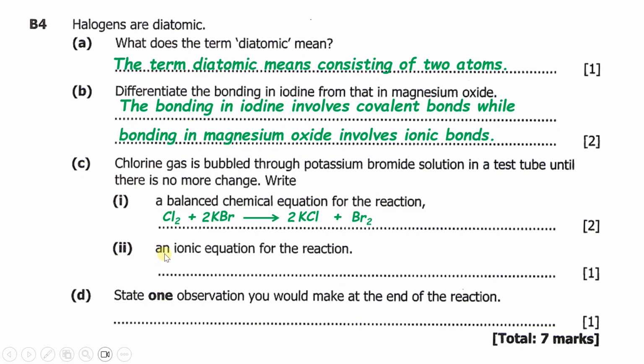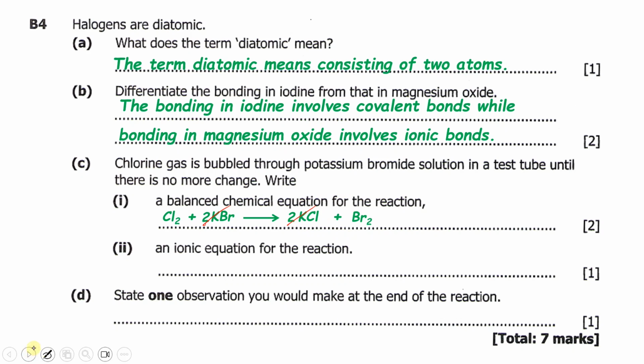Then they're saying we also write an ionic equation for the reaction. An ionic equation will just involve cancelling ions that appear common. If you write them in ionic form, potassium will be common, so it is the one that is going to cancel.